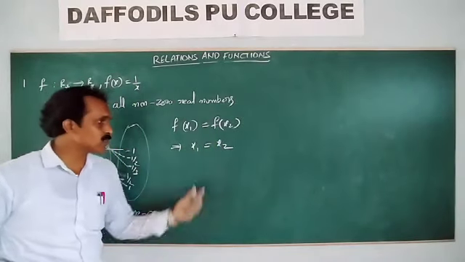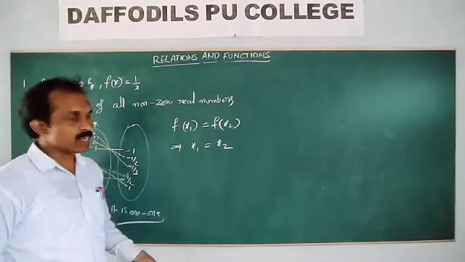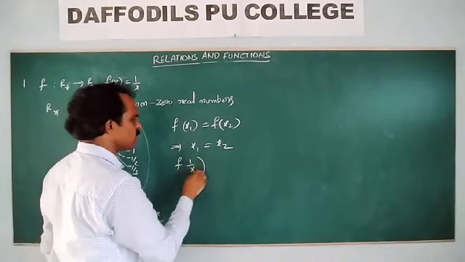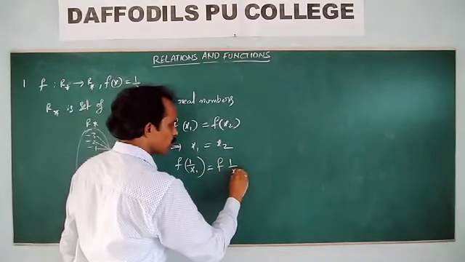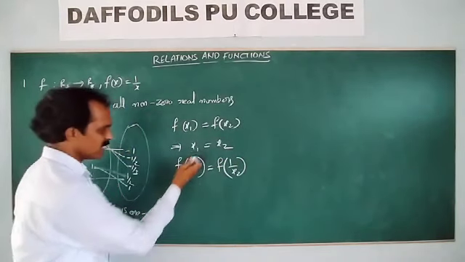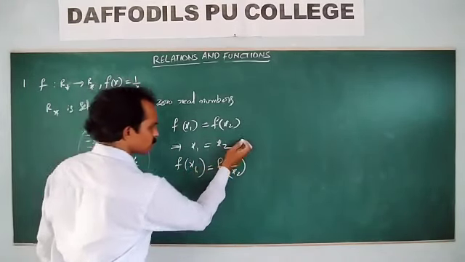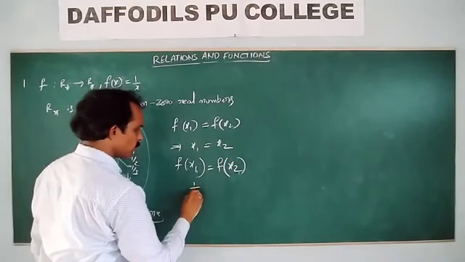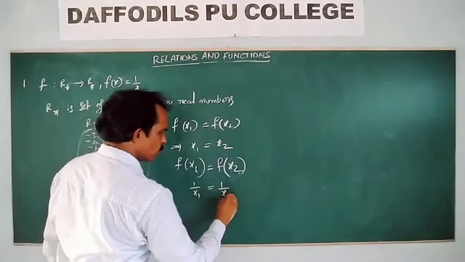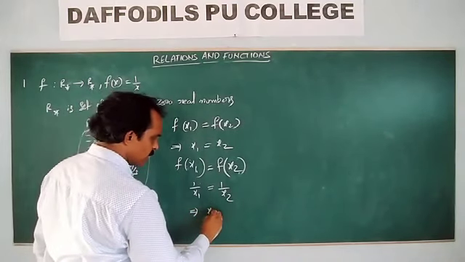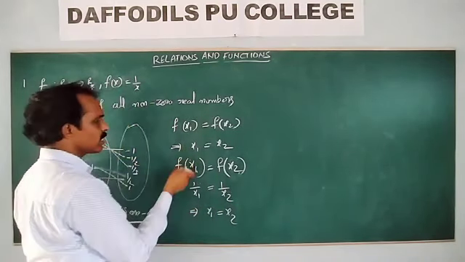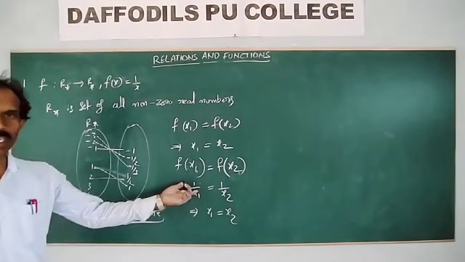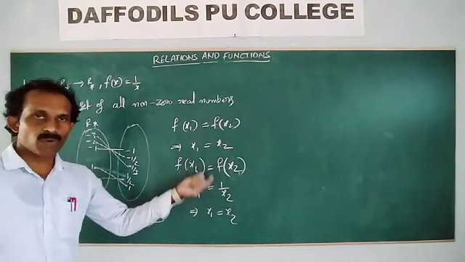So in this case also we say it is a one-one function. What is f of x1? 1 by x1 is equal to 1 by x2, which implies x1 is equal to x2. If we take f of x1 equal to f of x2, we proved x1 is equal to x2. Therefore, it is one-one.